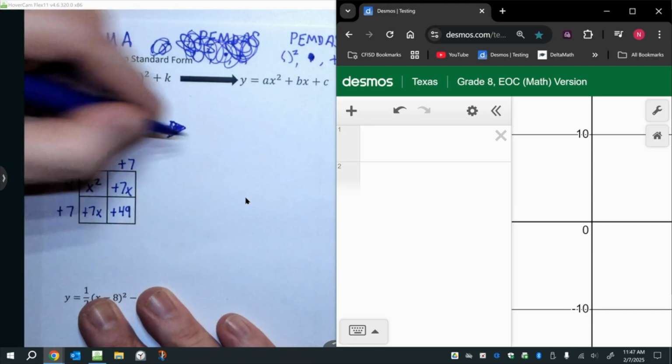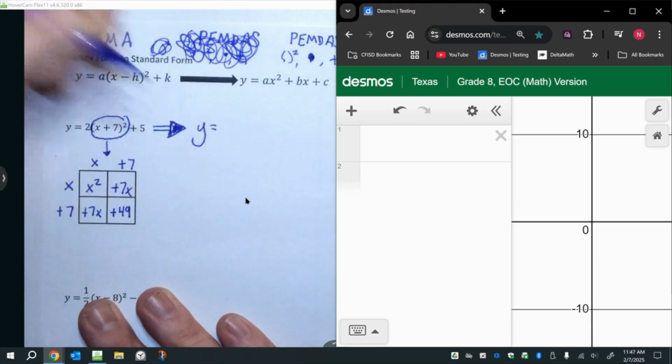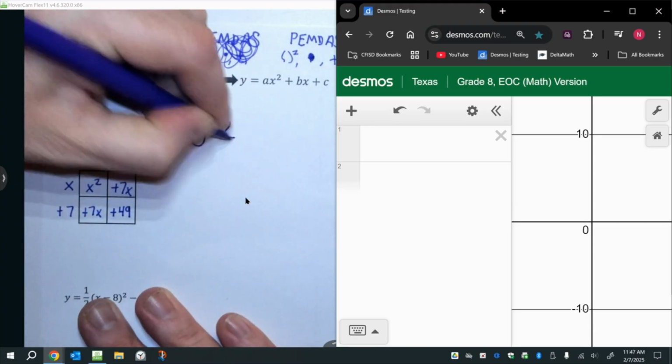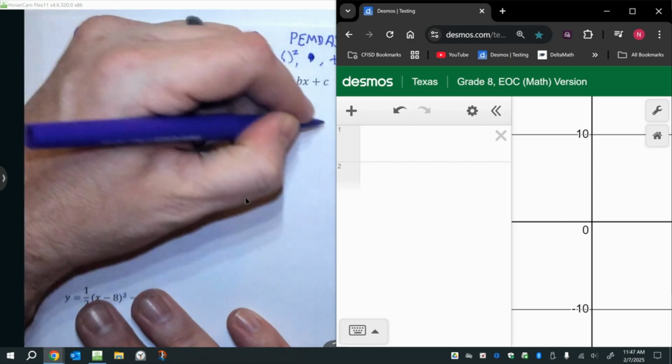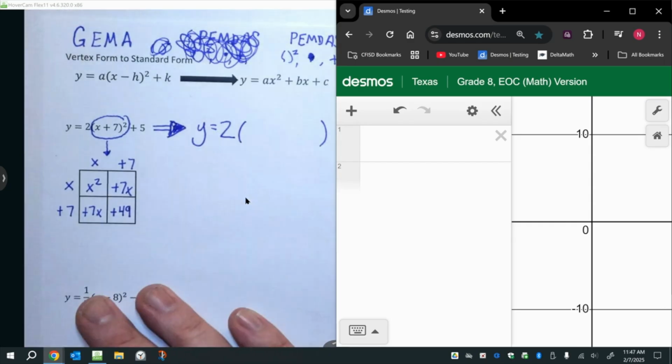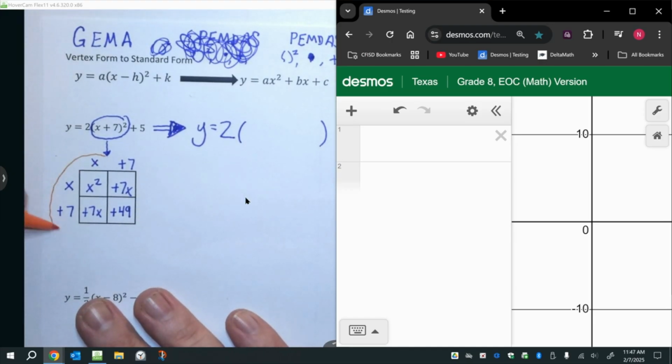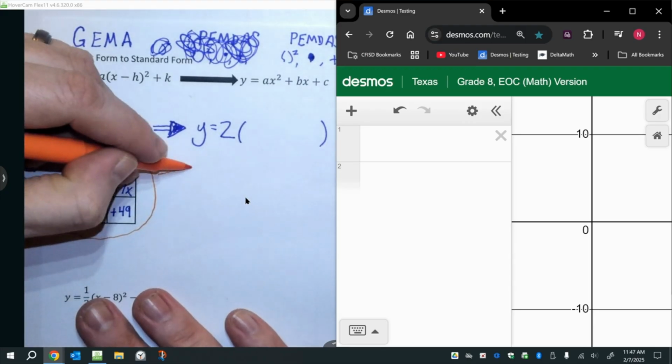So we have y equals 2, and then in parentheses, we're going to put this information right here. So all of this is going to go right there.